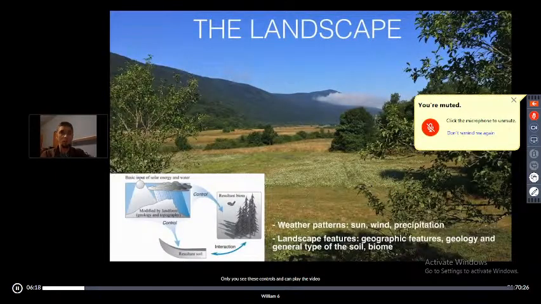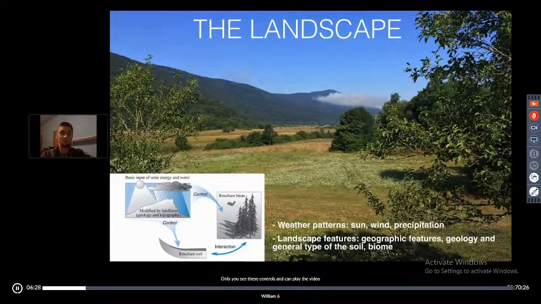All right. So, as I said, you're looking at the whole picture, and when you are looking at the picture, you can see all the visible features of an area of land, that's the landscape.